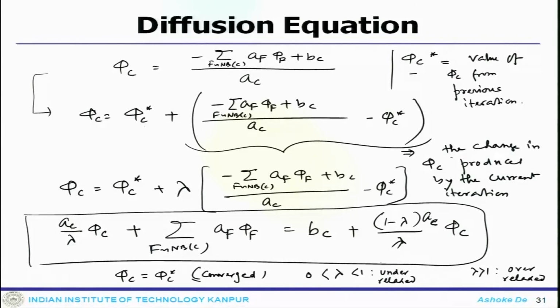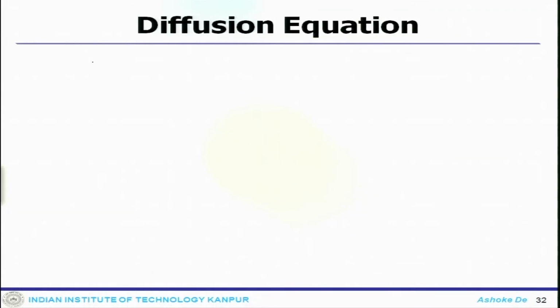Now, the optimum under relaxation factor is problem dependent, as I said, and is not governed by any generic rule. So the value of lambda depends on the problem and is not governed by any general rule.